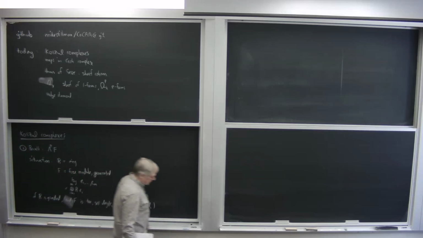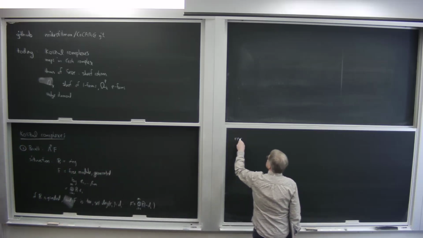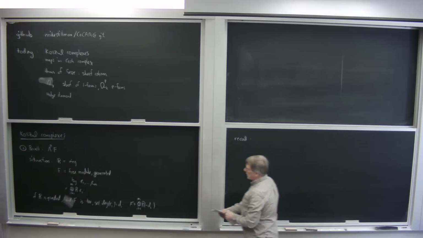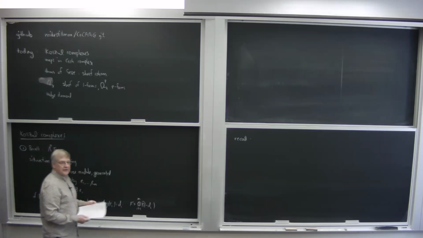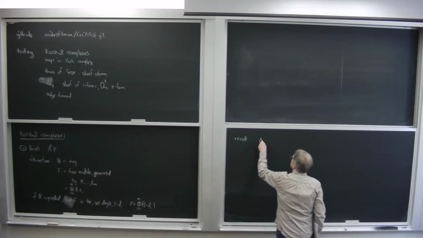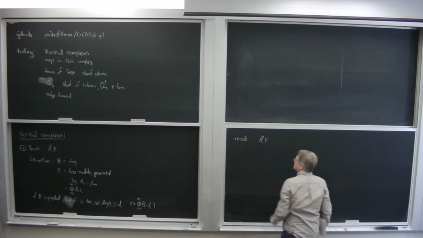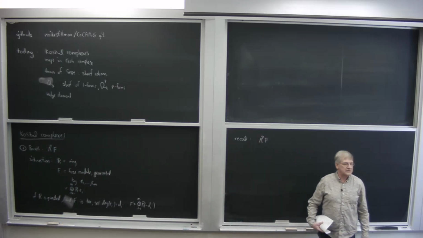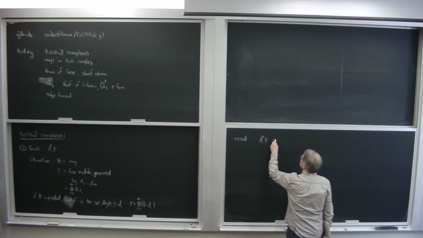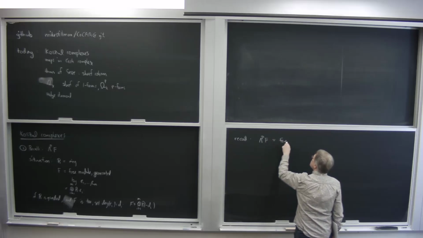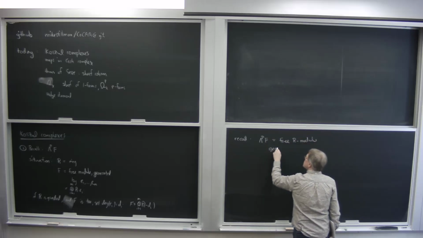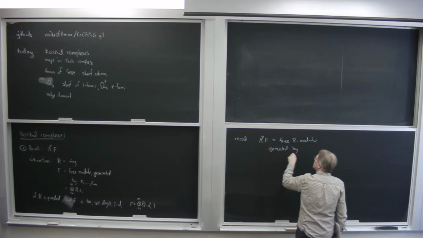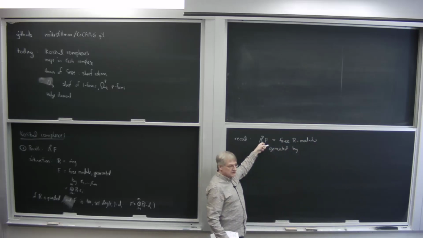Now, recall that if I have a free module, it's like vector spaces: I can calculate what the exterior power is. Do you all know what the exterior powers of things are? In this case, you can think of wedge P of F as the free R-module generated by subsets of P of the generators, essentially.